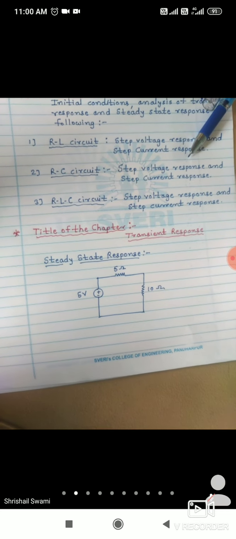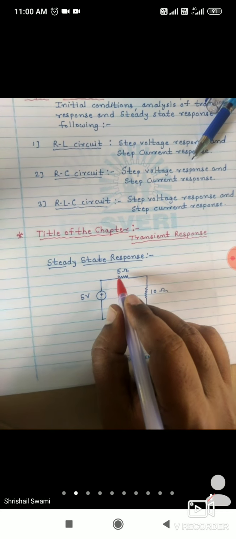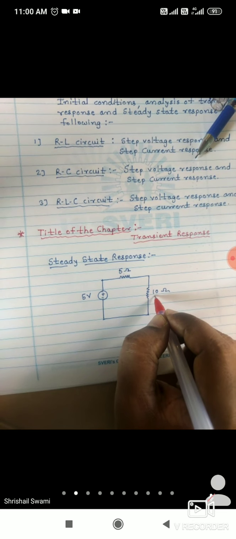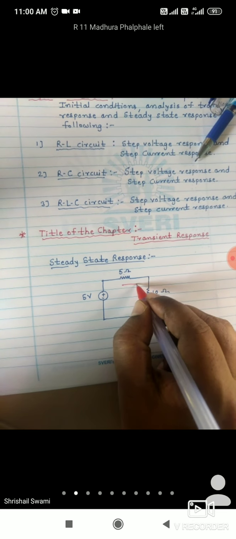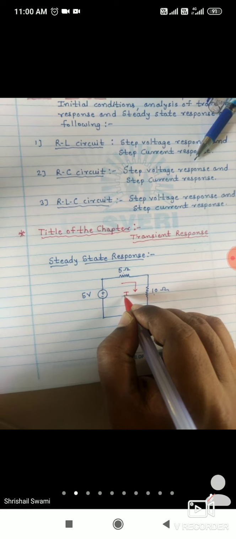Then what will be the response here? The response may be the voltage across 5 ohm, the voltage across 10 ohm, or the total current. That is also one of the responses.